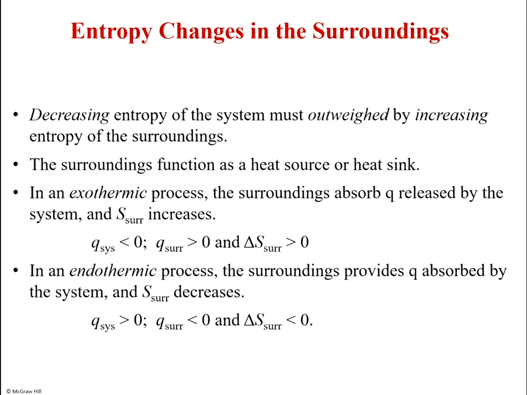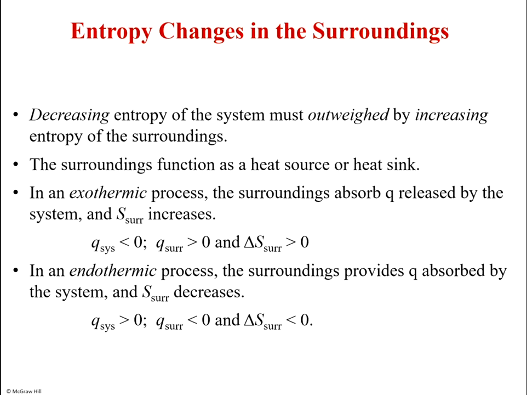A decreasing entropy of the system must be outweighed by increased entropy of the surroundings if a process is to be spontaneous. The surroundings function as a heat source or a heat sink, so the enthalpy can move either way. For an exothermic process, the surroundings absorb heat released by the system, and so the entropy of the surroundings will increase.